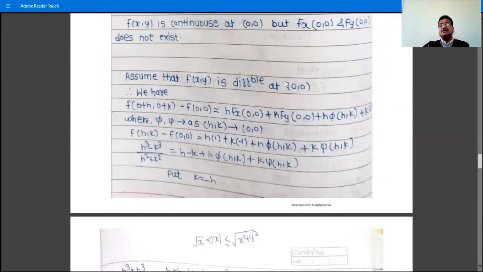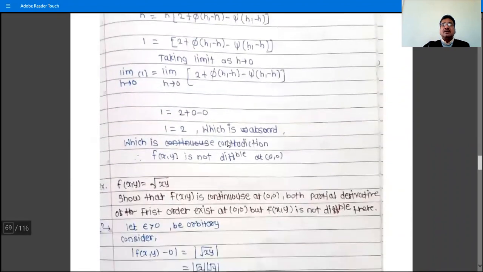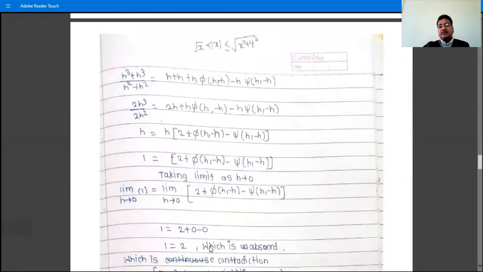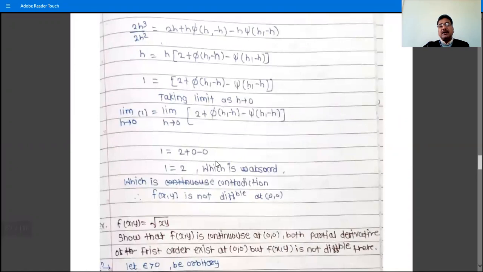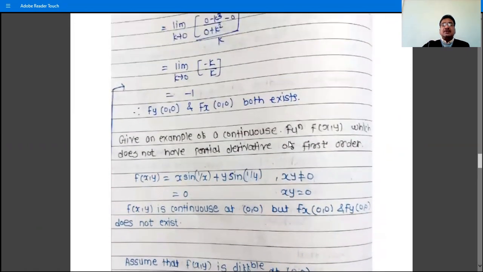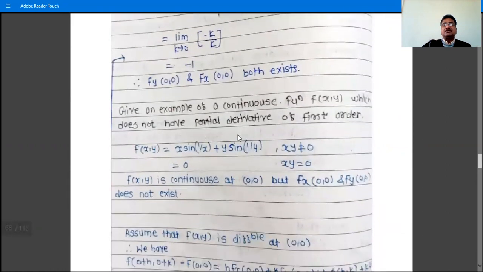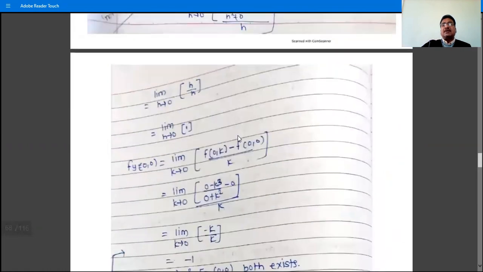That f(x,y) is differentiable at (0,0) is wrong. Means what is true? That function f(x,y) is not differentiable at (0,0). So this is the fourth way to show the function is not differentiable at (0,0), that is by using the definition and contradiction method.